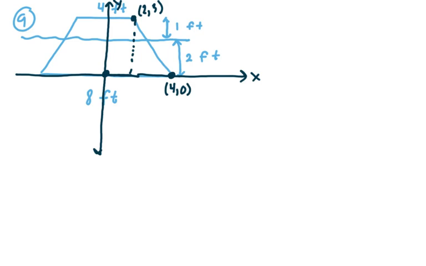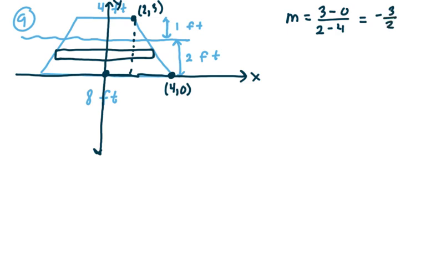Now, what I'm going to do, I'm going to draw a sample rectangle, and I'm going to calculate the hydrostatic force exerted on that rectangle. But we need to get a relationship between X and Y. So remember, m is 3 minus 0 divided by 2 minus 4, which is negative 3/2.